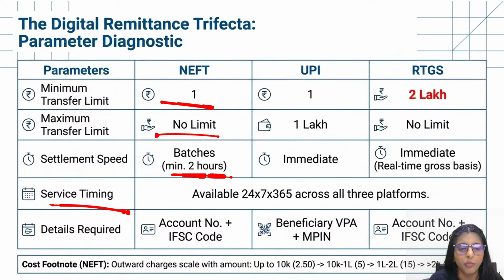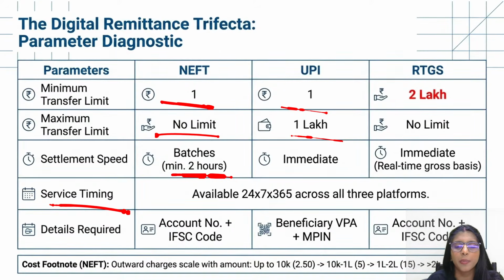UPI, Unified Payments Interface. It is an instant real-time payment system that allows fund transfer through a mobile phone. The moment you enter the UPI ID and then the PIN, the amount is immediately deducted from your account and transferred to the other person's account. The minimum amount you can transfer through UPI is 1 rupee. The maximum is 1 lakh per day, in 24 hours.